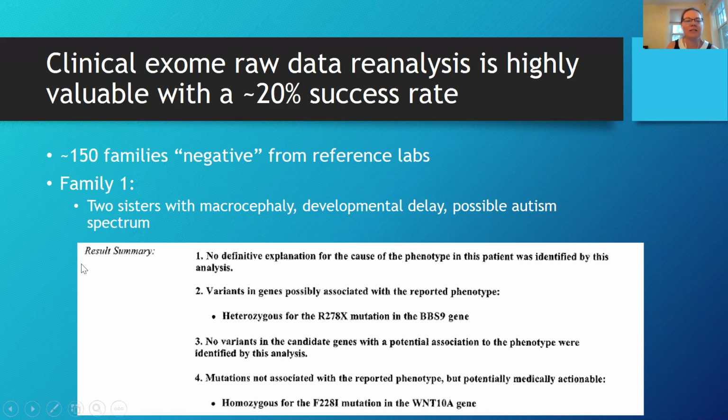Developmental delay, possible autism. And this is a very classic negative exome. They had one variant in an autosomal recessive disease. It doesn't fit the phenotype, no candidate genes. Then they found a random tooth agenesis mutation that had nothing to do with the phenotype either, but nothing here that explained the phenotype.